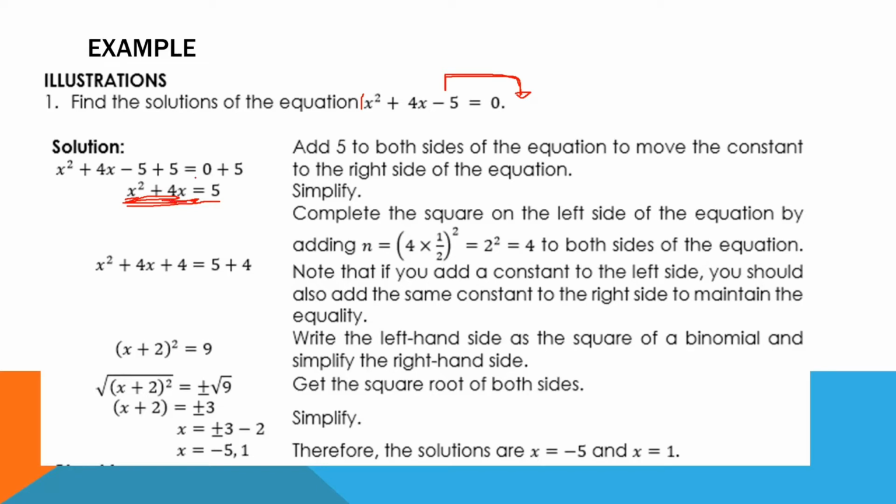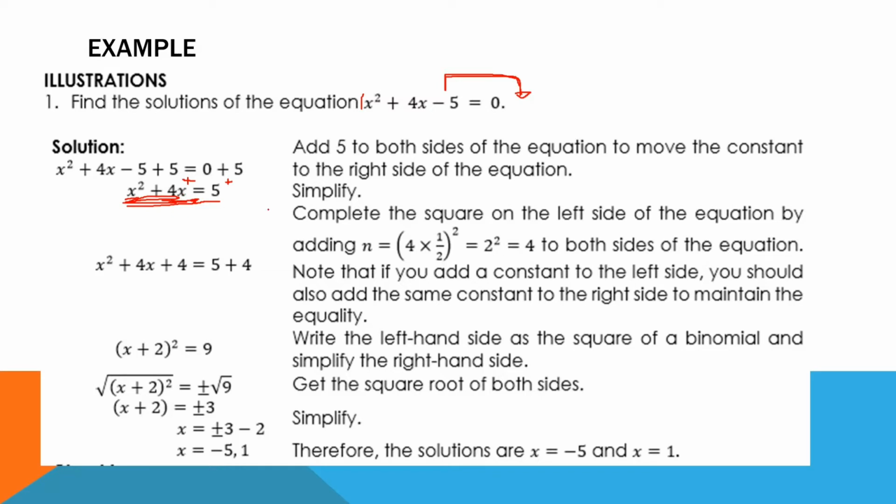Then i-add natin siya sa both sides. So kung ano yung makukuha natin dito, if negative ang square ng ating half of the coefficient, then negative, but that's impossible because we are going to square it. So when you square a negative number, then it becomes positive.